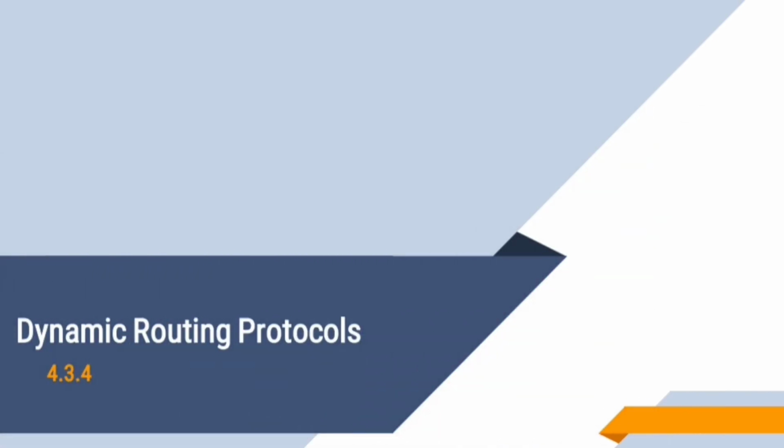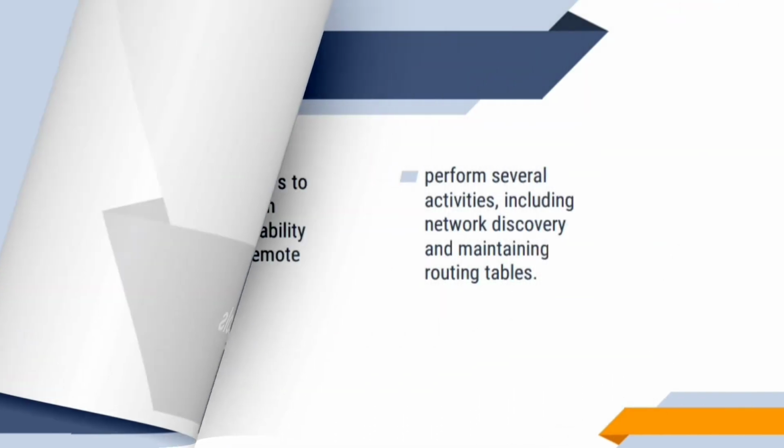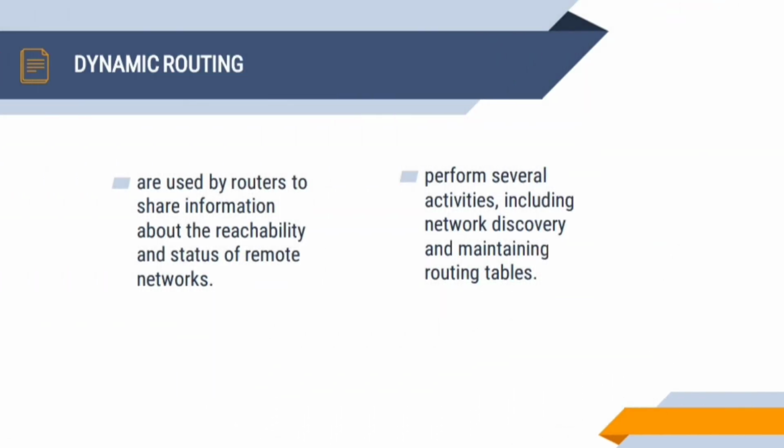We finally hop on the last lesson under this chapter, the dynamic routing protocols. Dynamic routing protocols are used by routers to share information about the reachability and status of remote networks. Dynamic routing protocols perform several activities, including network discovery and maintaining routing tables.